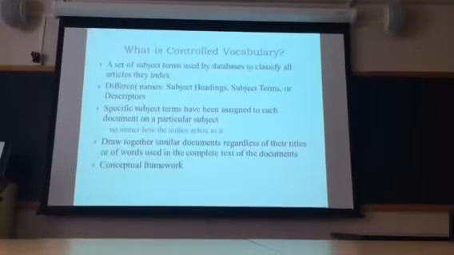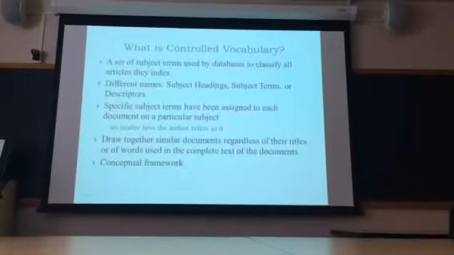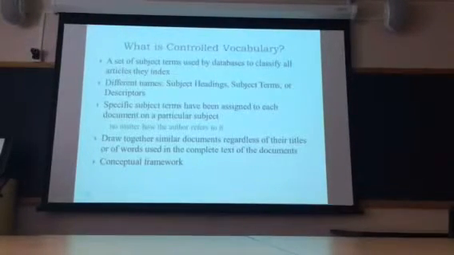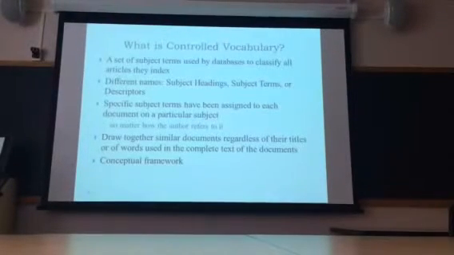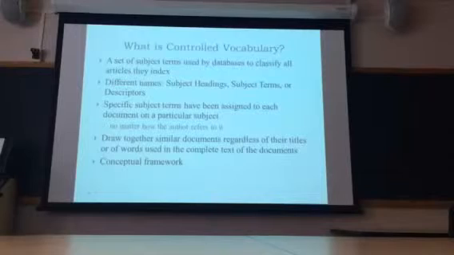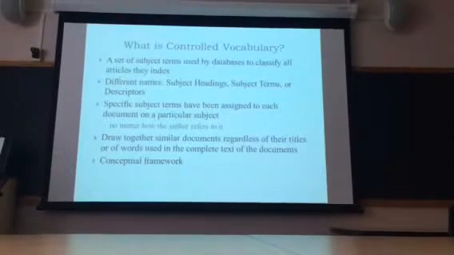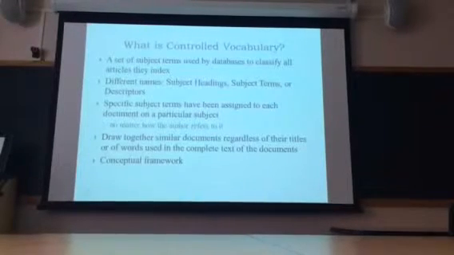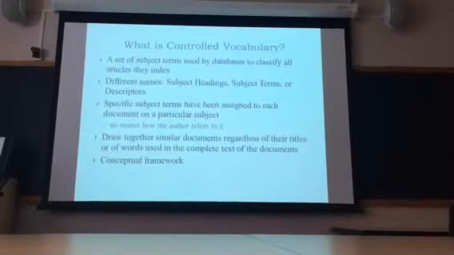Controlled vocabulary is usually named subject headings, subject terms, or descriptors in a database. Specific subject terms are assigned to each document on a particular subject, no matter how the author refers to it, or which words the author uses in their articles.